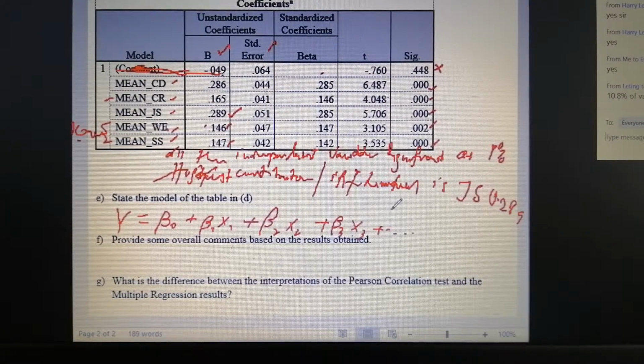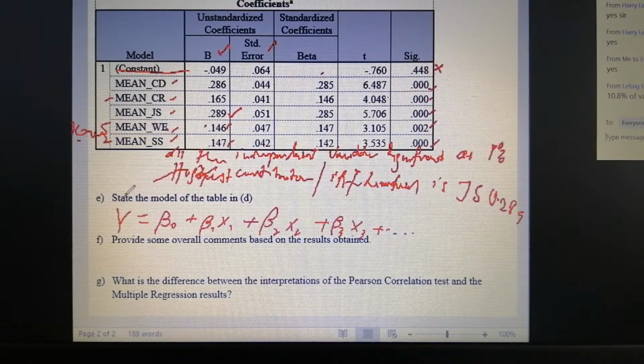So you just write that Y equals, first, minus 0.049. That's your first thing.